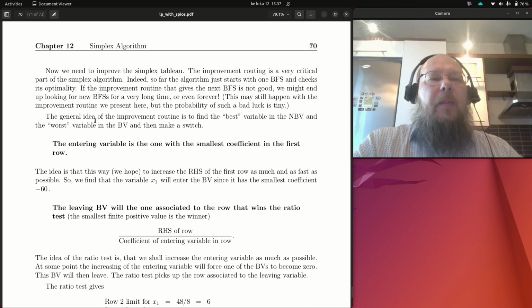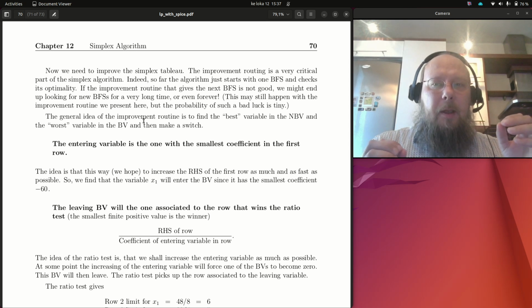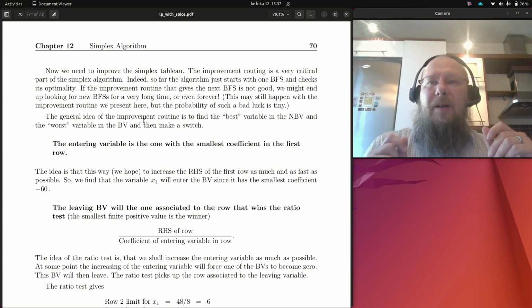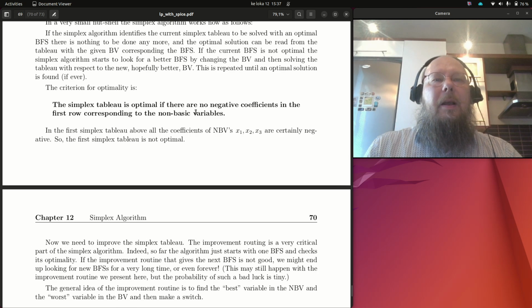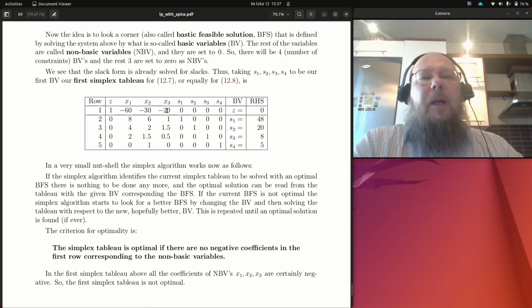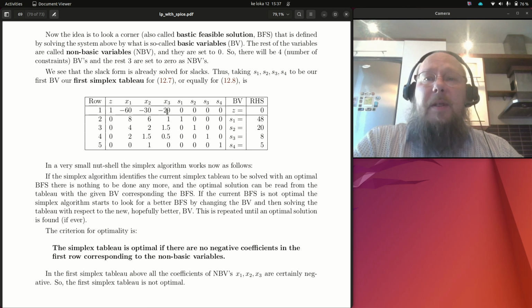The idea of the improvement is that this is a bit of a greedy algorithm in the entering. We want to enter the variable that gives us the most bang for the buck, so to say. And as I intuitively explained, these small negative numbers here give the best. So this gives 20 increase per unit here.